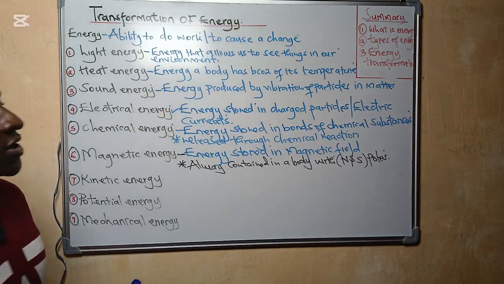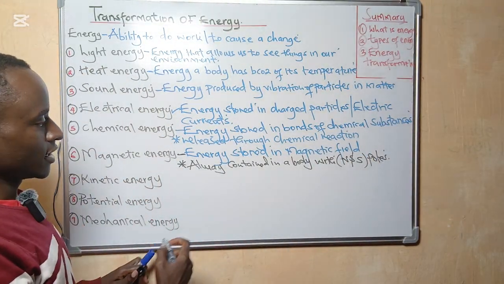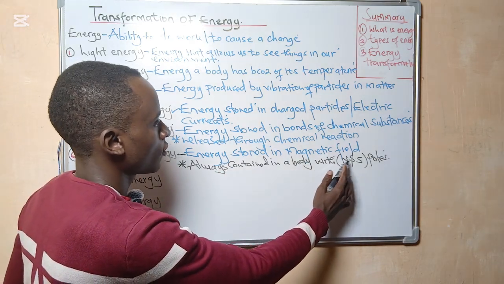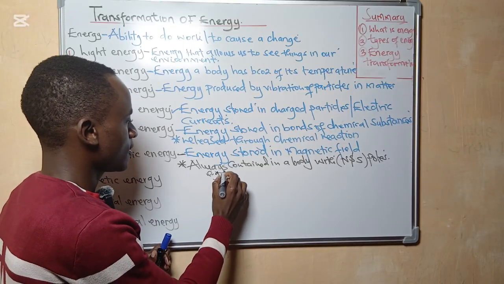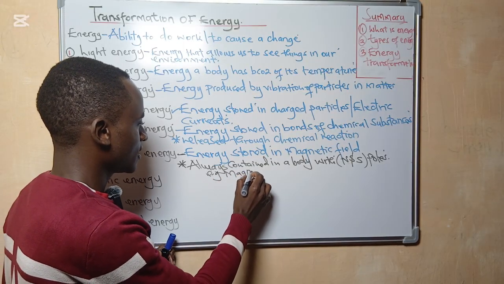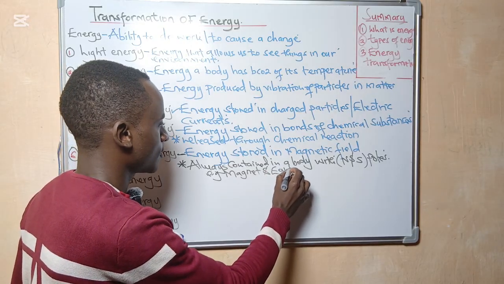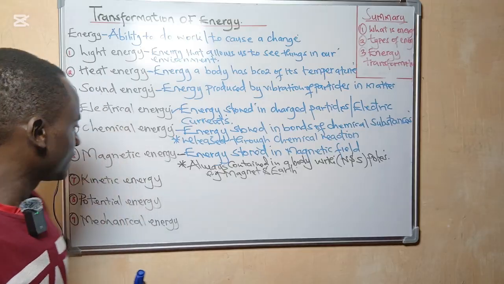So a form of energy stored in a magnetic field, that is magnetic energy, is always contained in a body with a north and a south pole, like a magnet, e.g. a magnet and the earth. Earth is magnetic because it has a magnetic field.